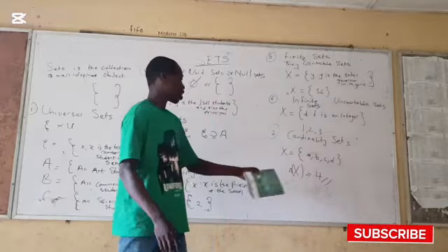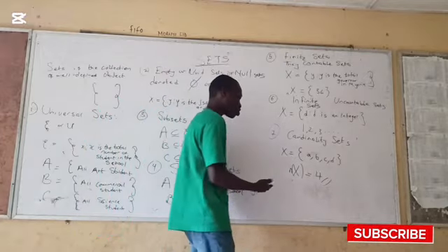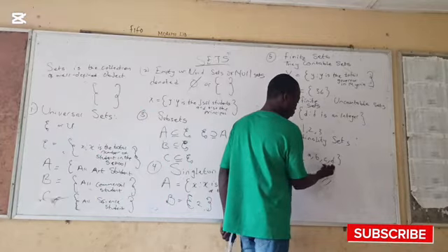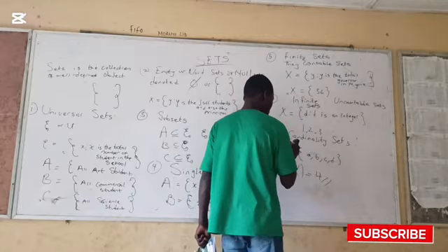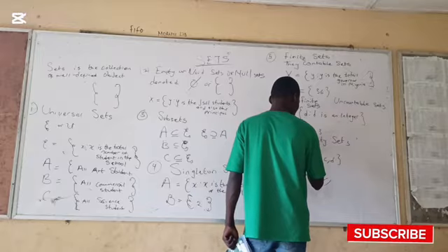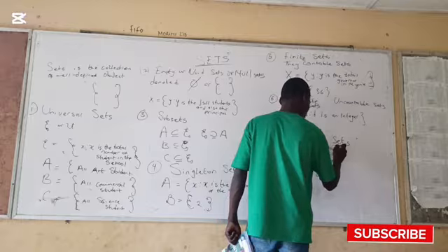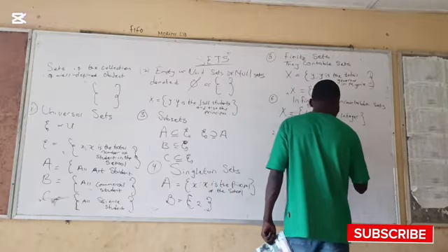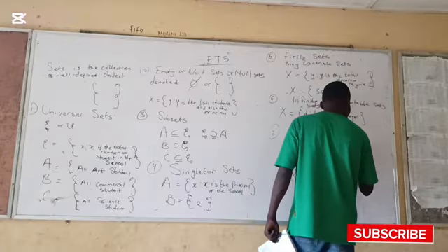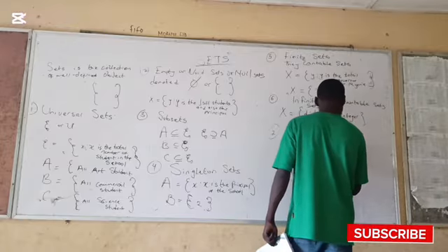So now, when we are talking about cardinality set, it's talking about the number of elements or members of the set. The number, that's the definition. Number of total elements.